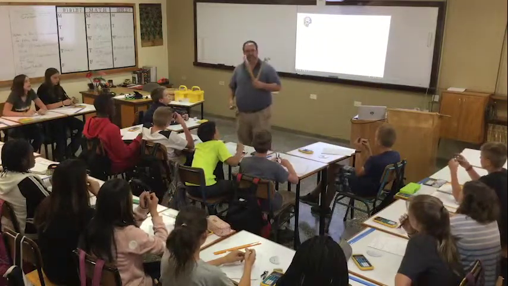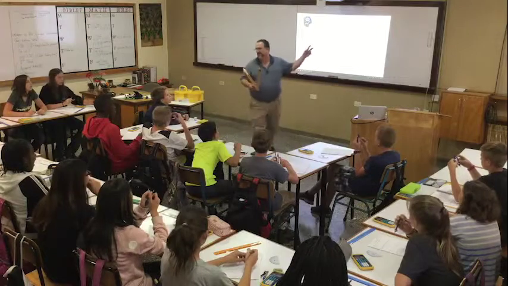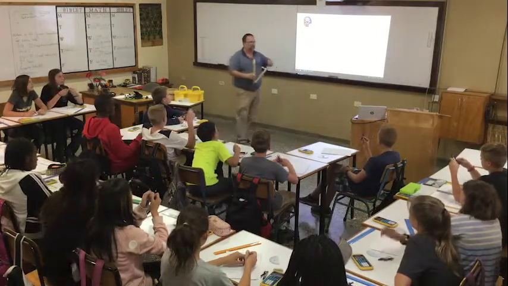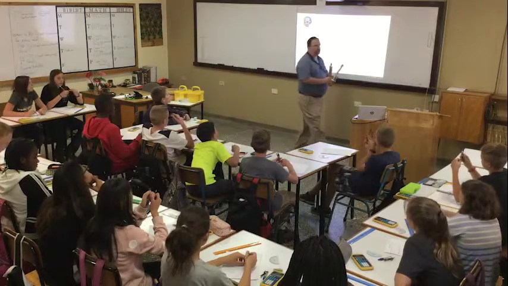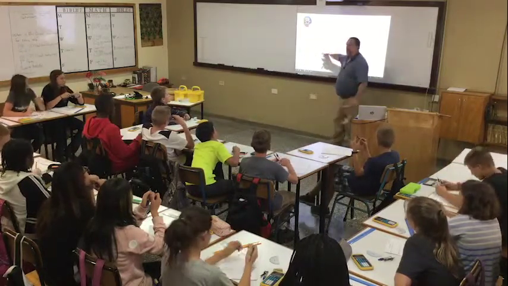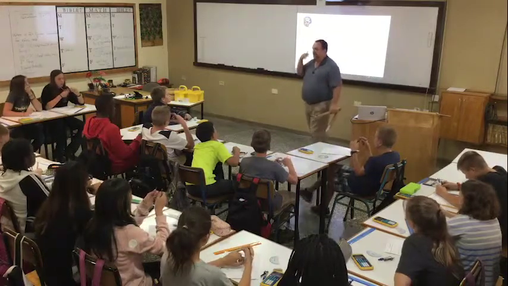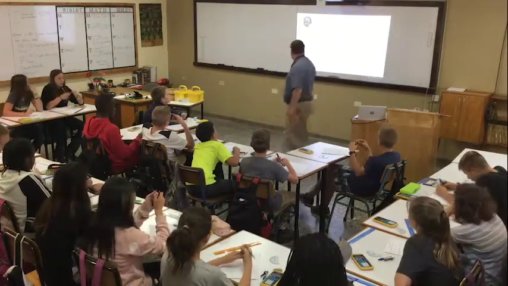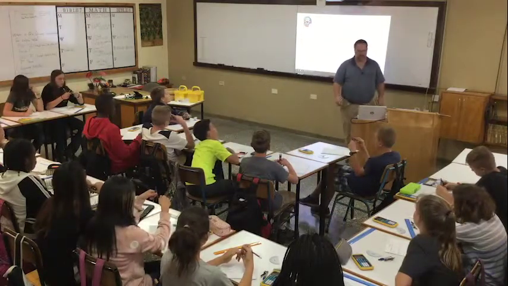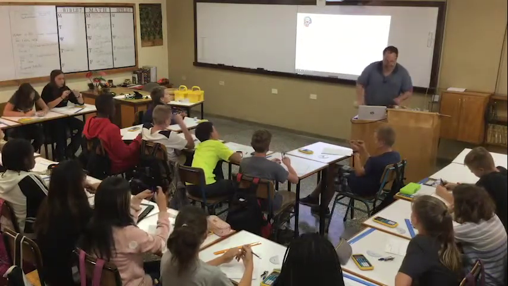Because I'm using mine on the board and it's got to be able to be seen. Okay? So here is how you construct a congruent segment. We're going to take this segment, AB, and we are going to make an exact copy of it on ray C here. Okay? So here is how you do it.